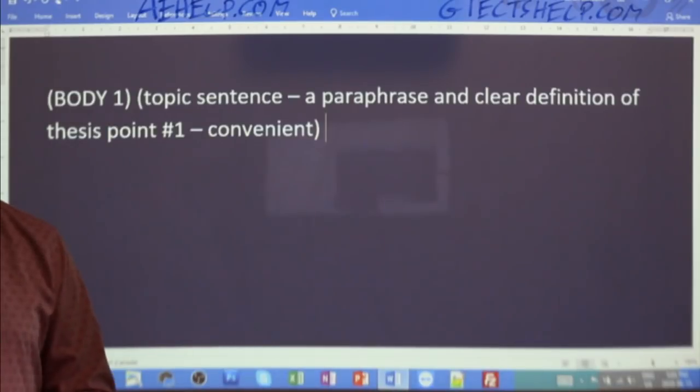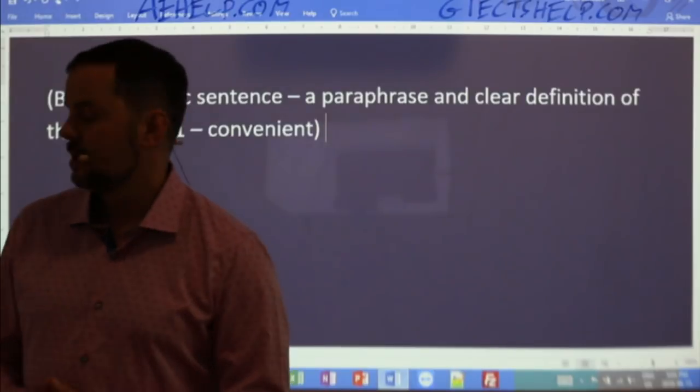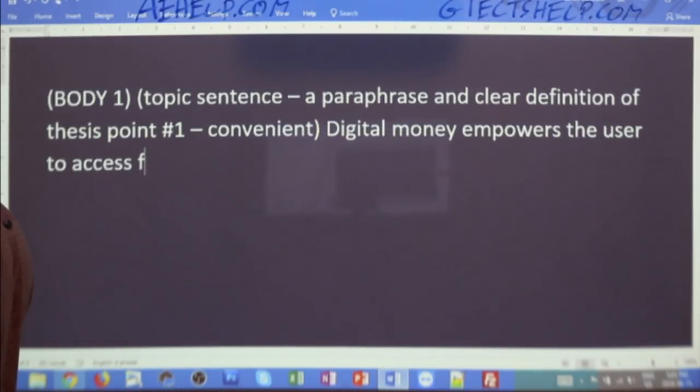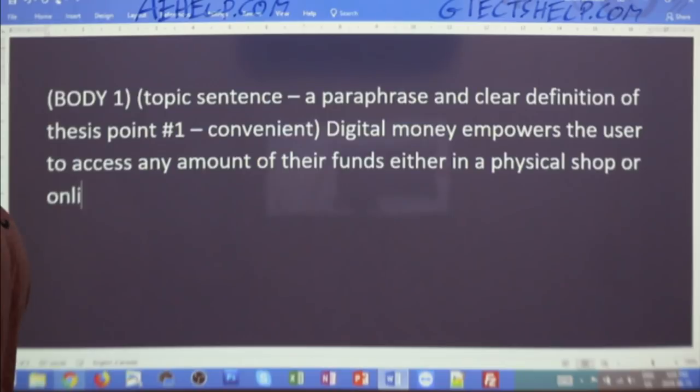So convenient means that we can pay anywhere, anytime, any amount, right? So digital money empowers the user to access any amount of their funds either in a physical shop or online, right?